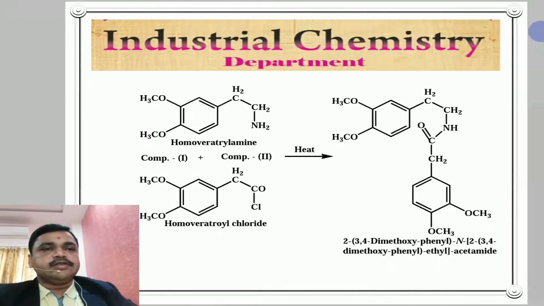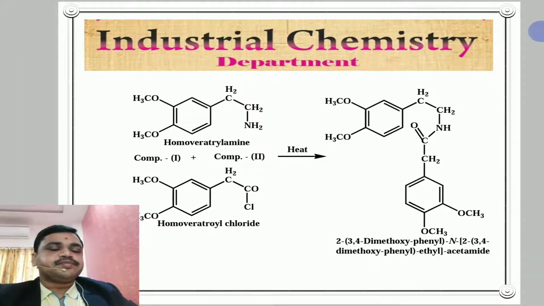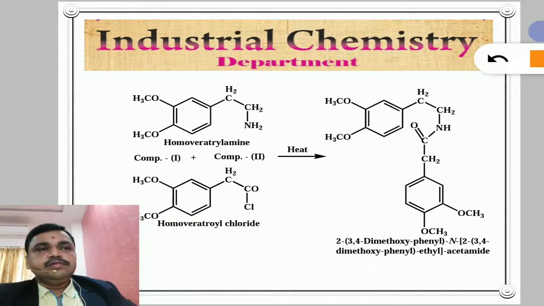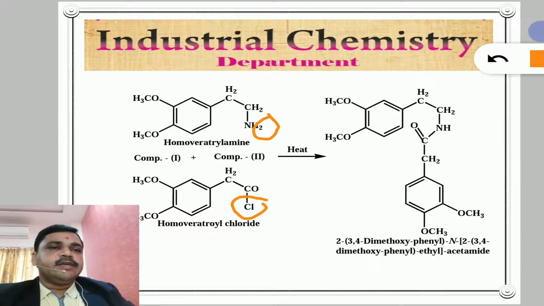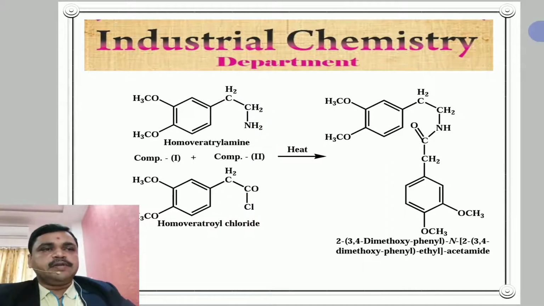Heating takes place, so after condensation we get 3,4-dimethoxyphenyl ethyl acetamide. See the condensation. Chlorine from here and hydrogen from here. HCl is removed and condensation takes place.